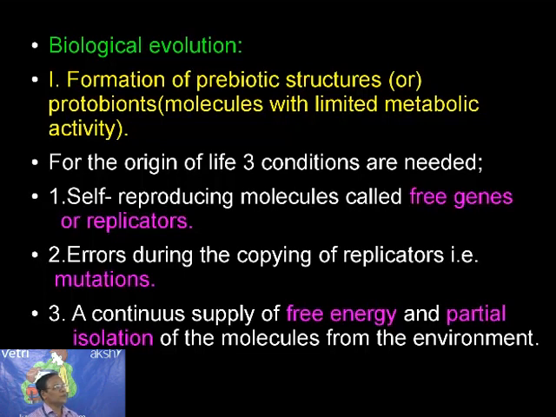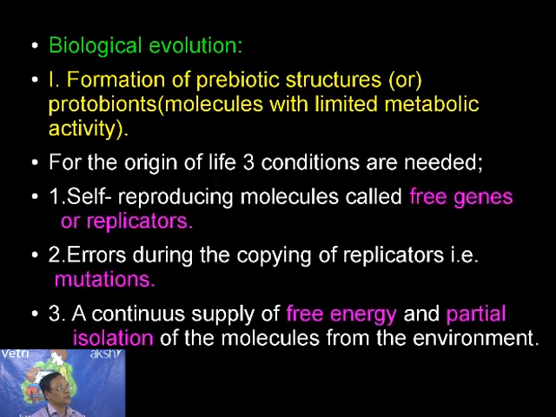And these replicators normally underwent some sort of modification. That is nothing but some sort of changes in these molecules, namely the free genes, and that is what we can say is the error. While the multiplication occurs, we have the copying or multiplication of genes, the DNA, or the genetic materials. So while copying, what will happen?